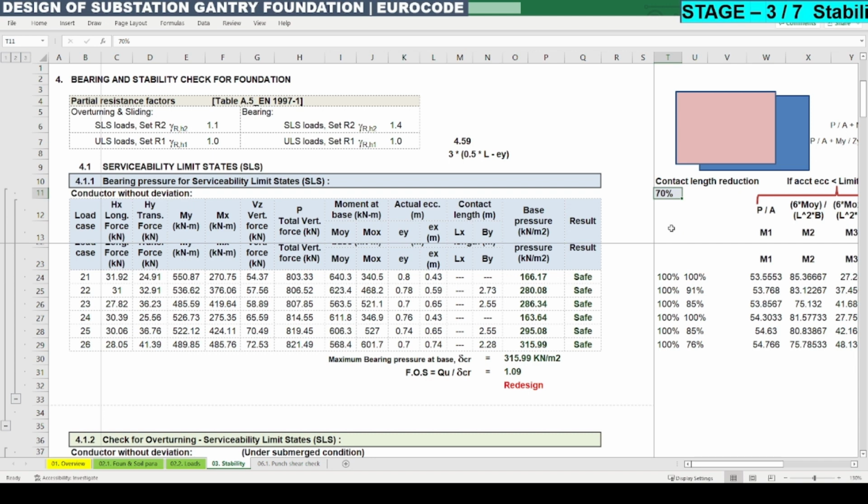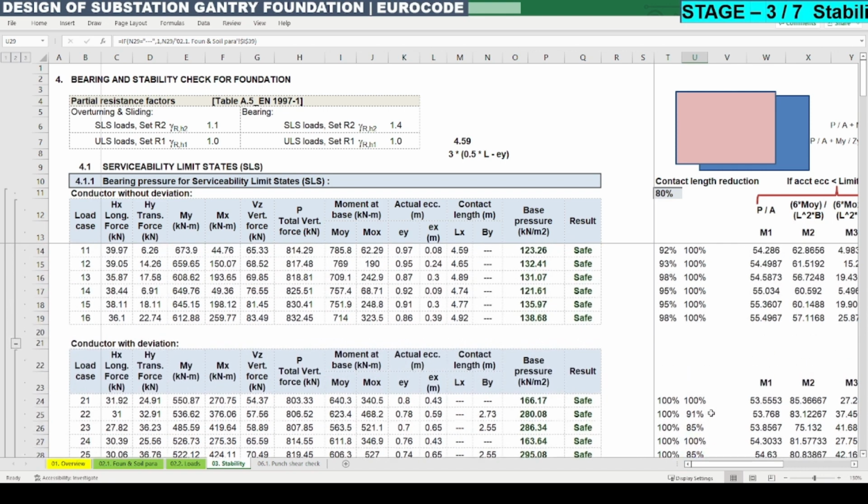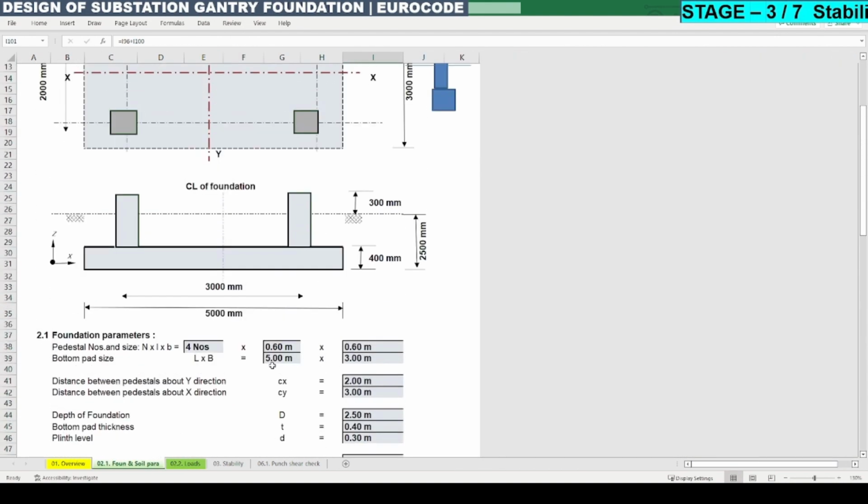Suppose 80%, you can see that this load case shows only 76% of contact length has arrived. This percentage is arrived at from the contact length reduced due to the actual eccentricity conditions, divided by the length. We already know the length is 5 meter and the width is 3 meter.